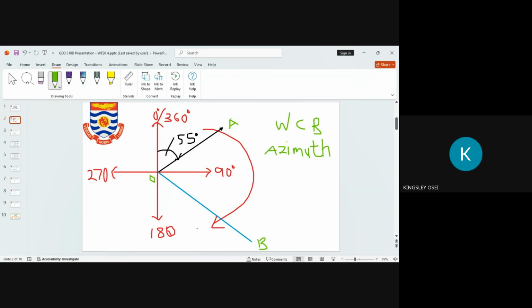So I can say whole circle bearing, or I can just say simply azimuth. Note that one, note it in your notes.